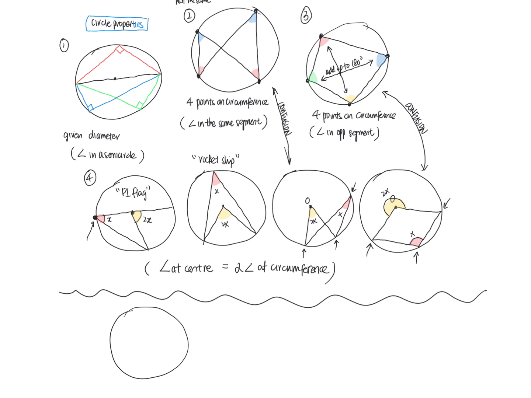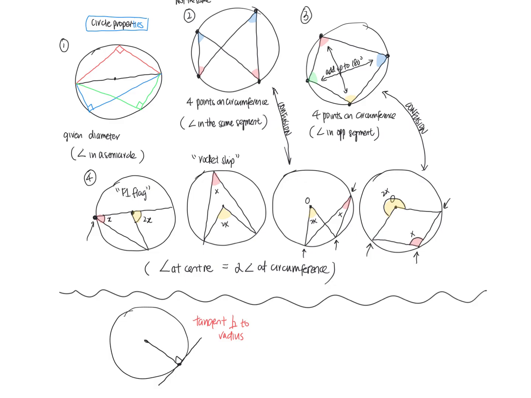One is if I only have 1 tangent line. Tangent means you only touch the circle at 1 point, and if I have a radius line, the tangent is always perpendicular to the radius. So it's called tangent perpendicular to radius.